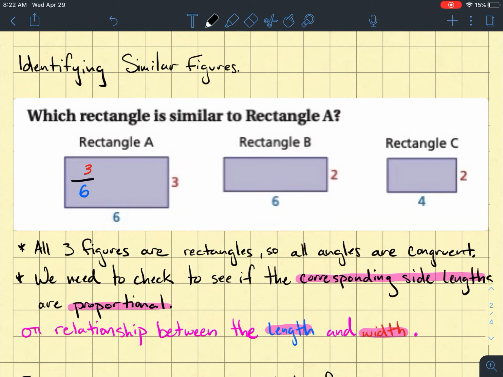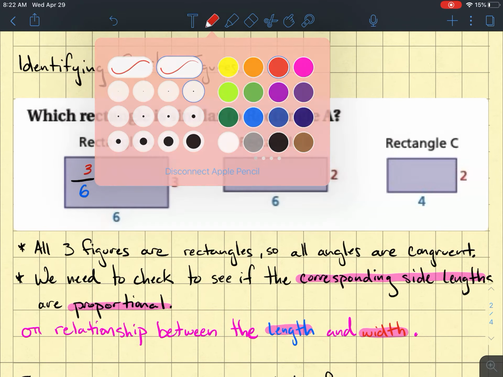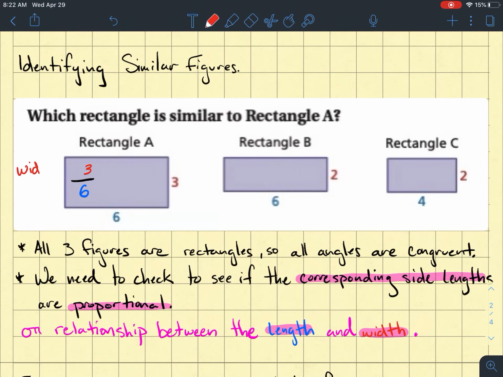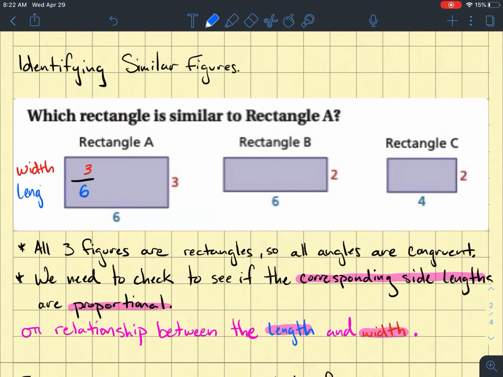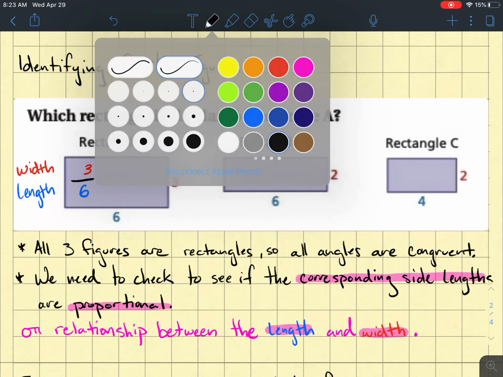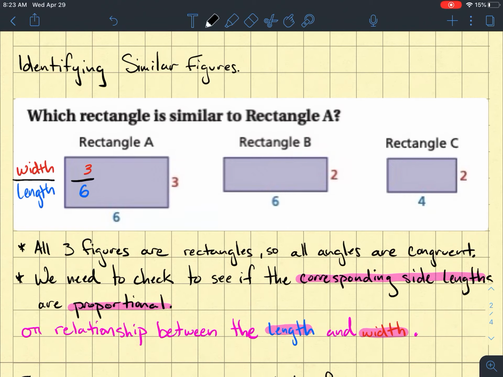So we have our proportion, right? The proportion of the width over the length for rectangle A is 3/6, or you can simplify that to what? To 1/2.